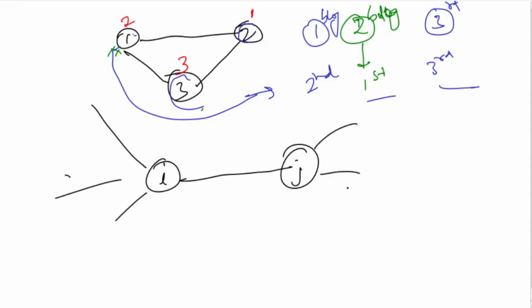Suppose that they both have topic T. So now if you cover the Tth topic in block I first, then you won't be able to cover the Tth topic in block J.